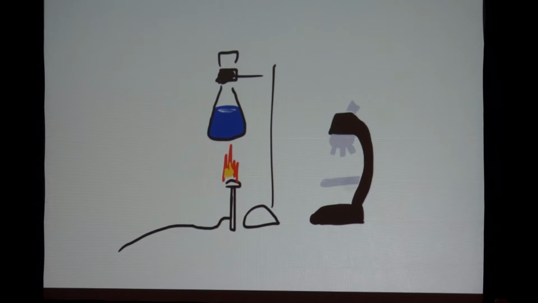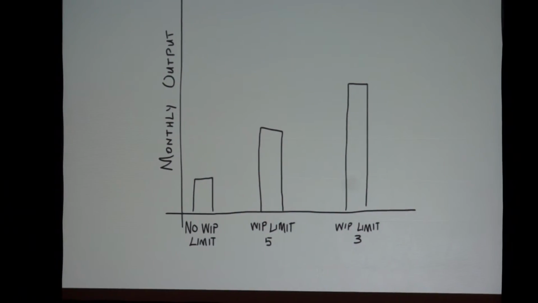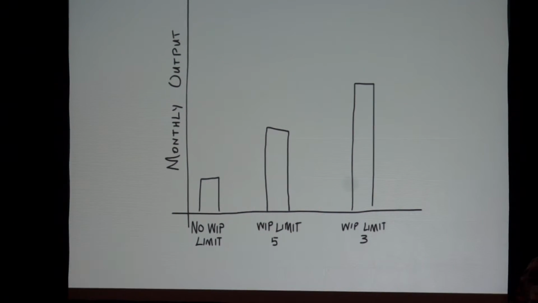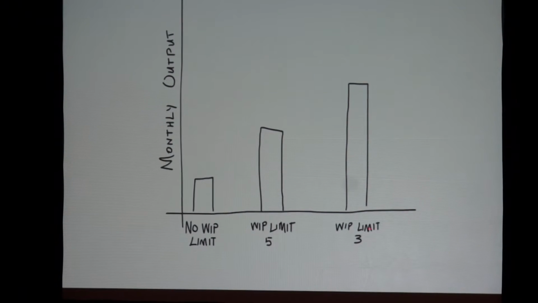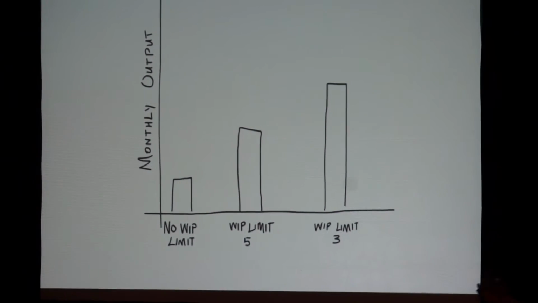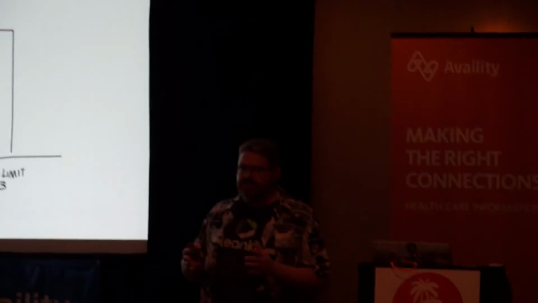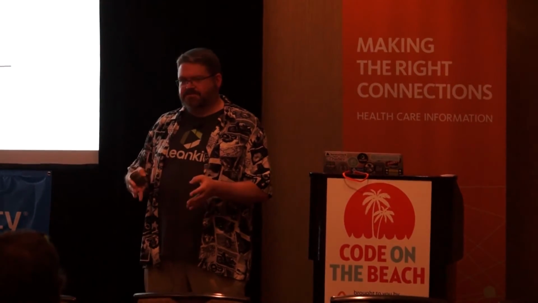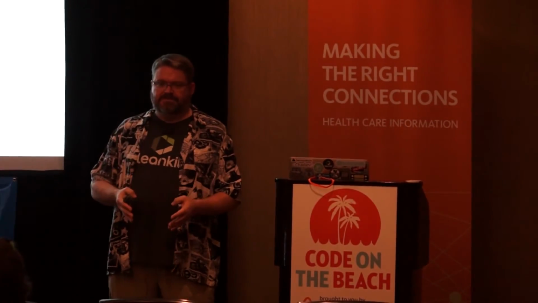Now that you're gathering metrics and doing things like limiting work in process, you can start to run experiments, such as playing around with those work in process limits. Like I said, it's counterintuitive, but if we focus on less, we can actually get more done. So why not run an experiment for the next three or four weeks, where we limit our work in process for this particular step to even less?